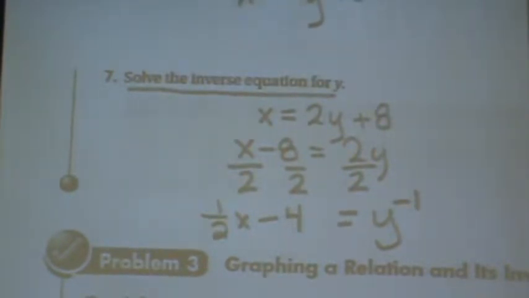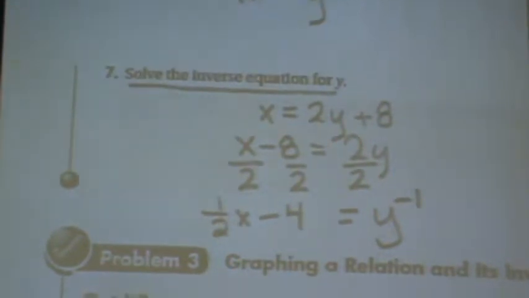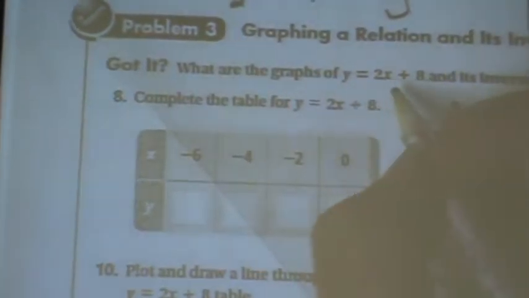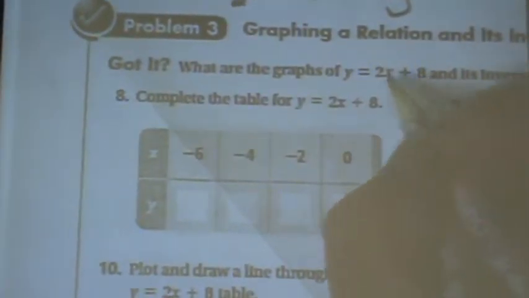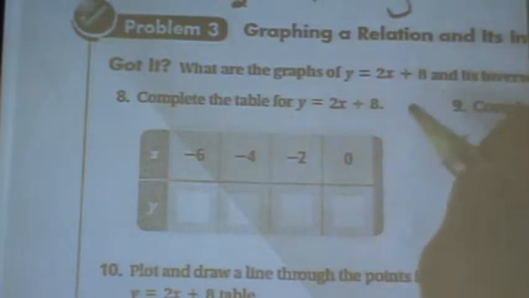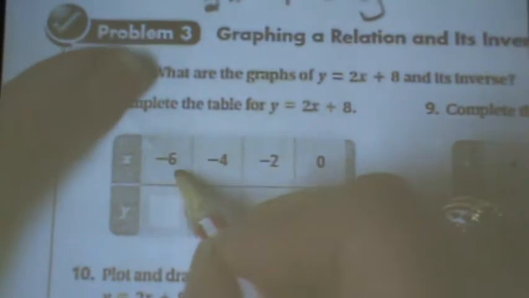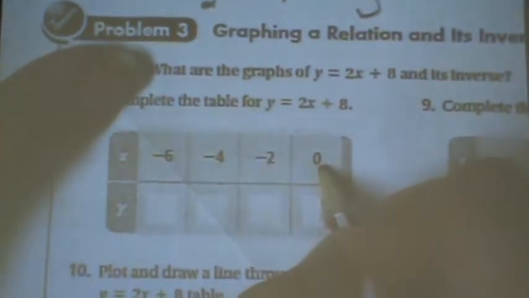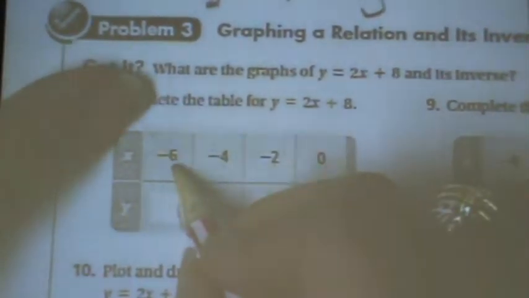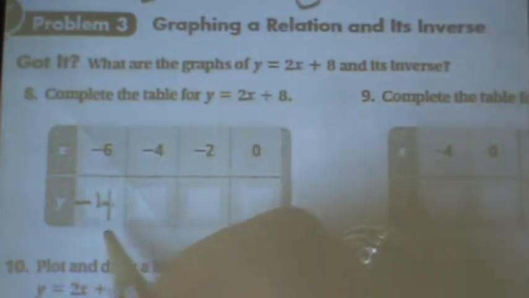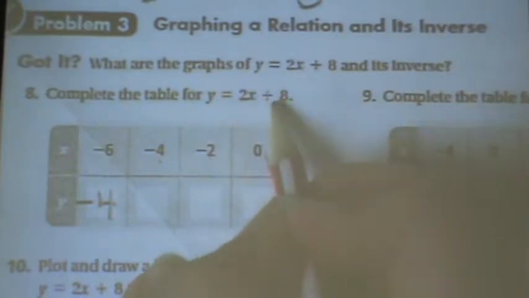Okay? Check out, here's a table. If I gave you a function y equals 2x plus 8, and I asked you to graph it, one of the ways you would graph it is pick some points. These points were picked for you: -6, -4, -2, and 0. If you plug -6 in here, you're going to get -4. -6 times 2 is -12 plus 8 is -4. If you plug -4 in here, you're going to get 0.